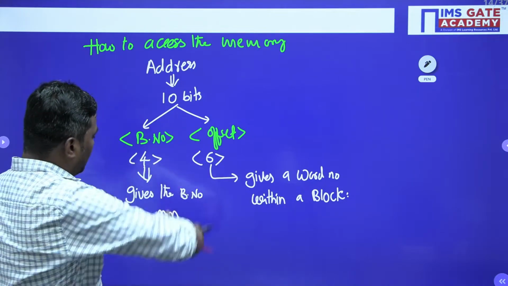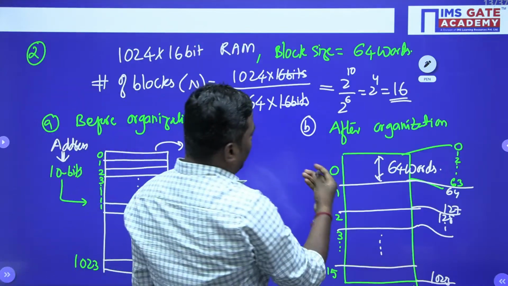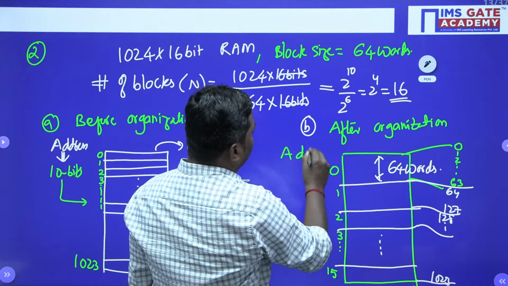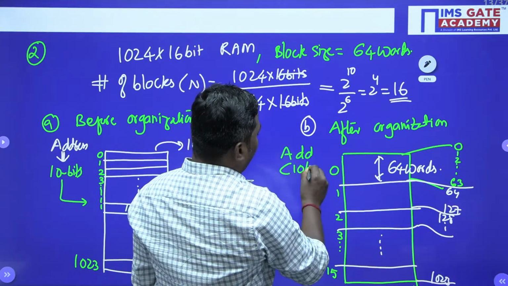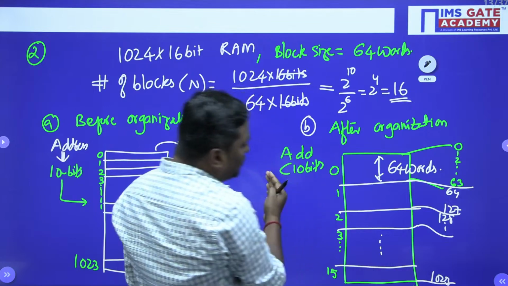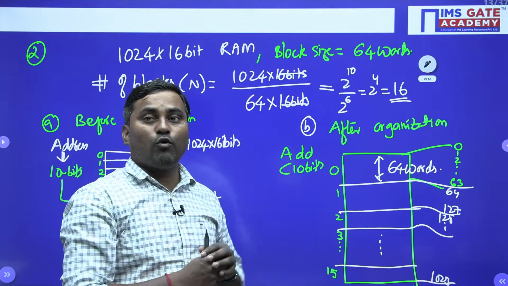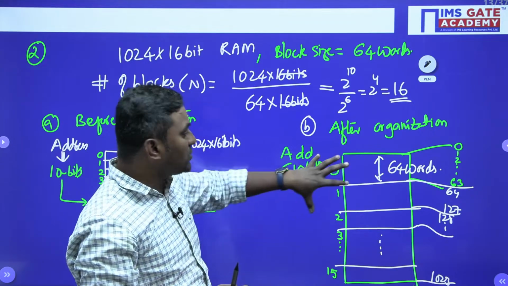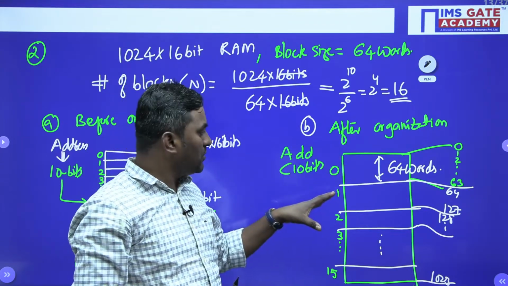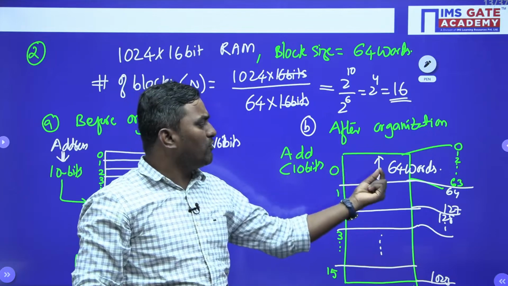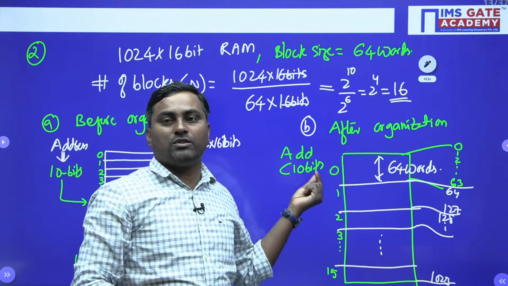So here you see the address bits of 10. Out of 10, take the leftmost 4 bits. With these leftmost 4 bits, you can identify one block out of 16. Once you get the block, within that particular block you can get a word number by using the rightmost 6 bits.